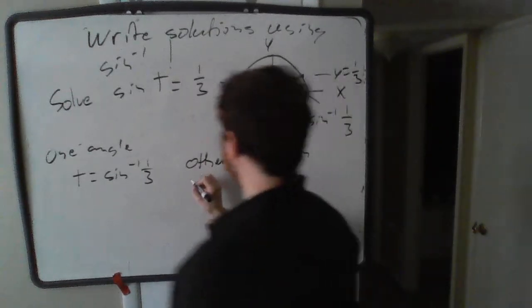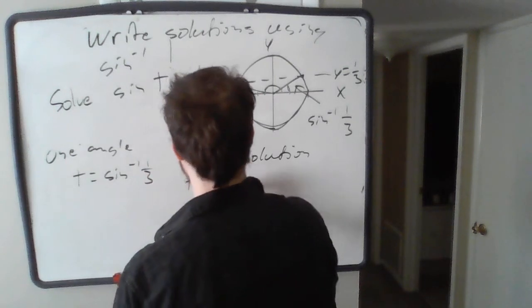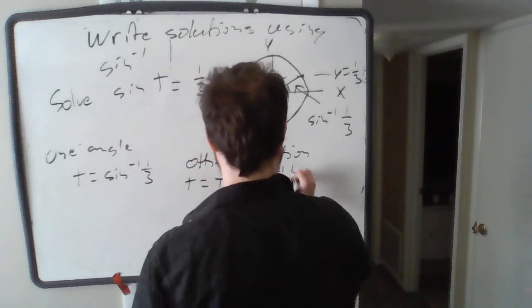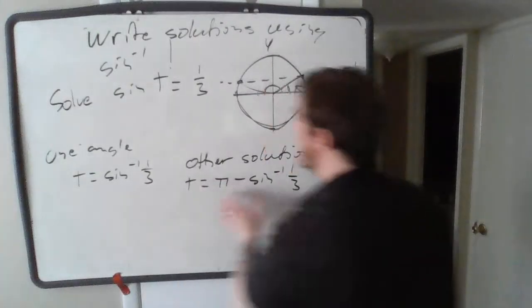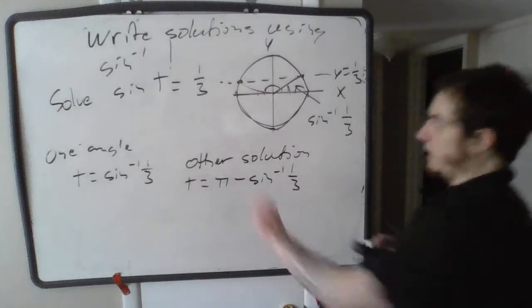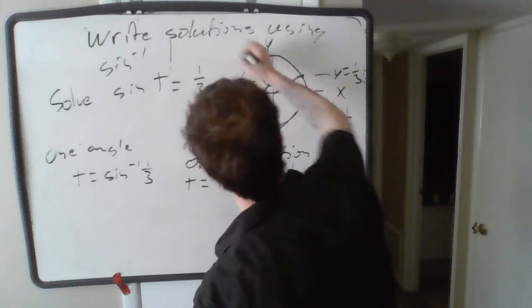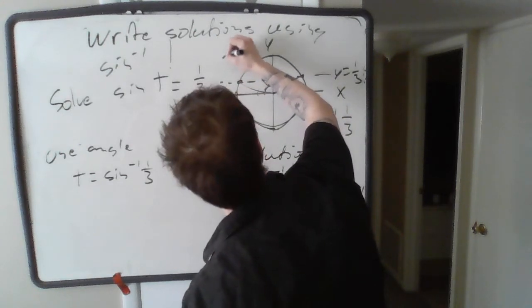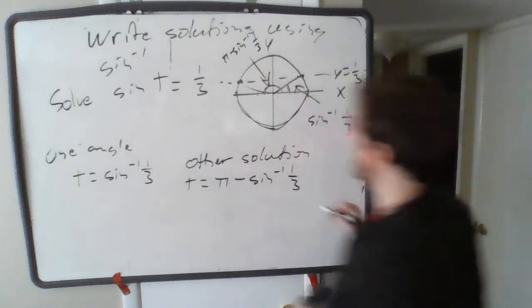So the other solution that we get is going to be t equals pi minus sine inverse of 1/3. These are our two basic solutions that we need to start with. So this angle, let's see if I can mark this out here, is going to be pi minus sine inverse 1/3.